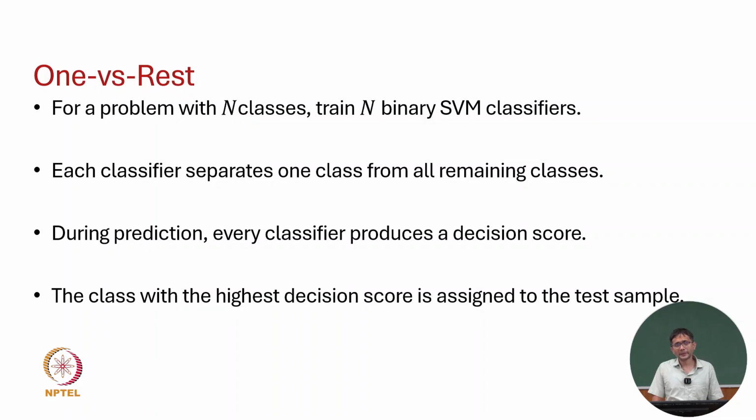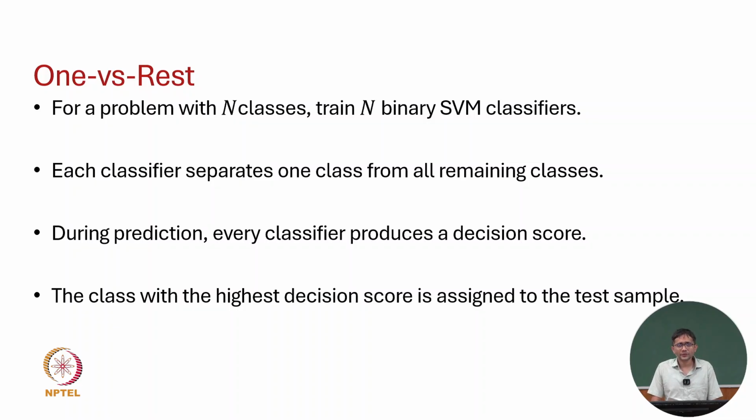So you pick up one class at a time and you design a classifier such that this classifier separates this one class from all the remaining classes. Then you pick up another class and you design another classifier such that this new class is again separated from all the remaining classes. During prediction, every classifier produces a decision score. The class with the highest decision score you can assign to the test sample.